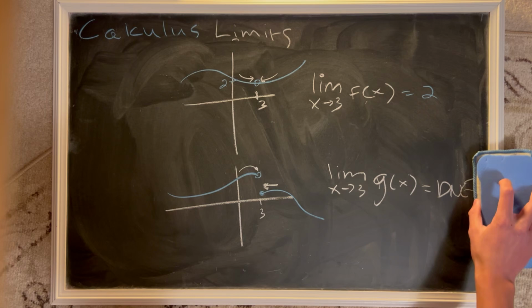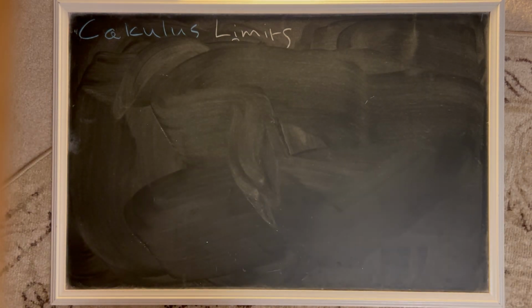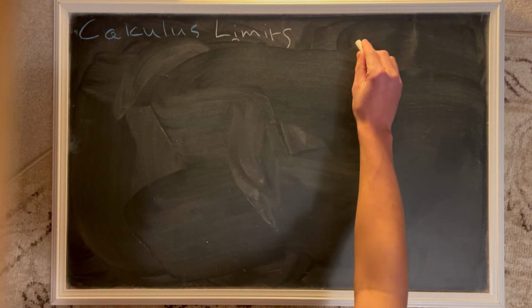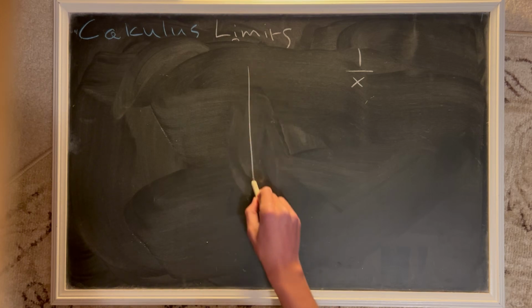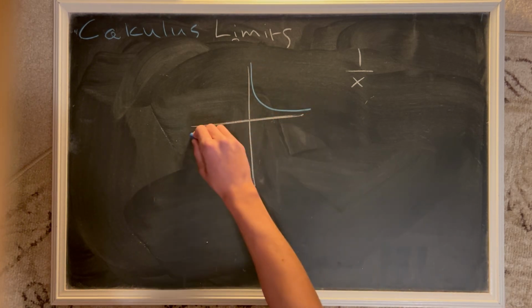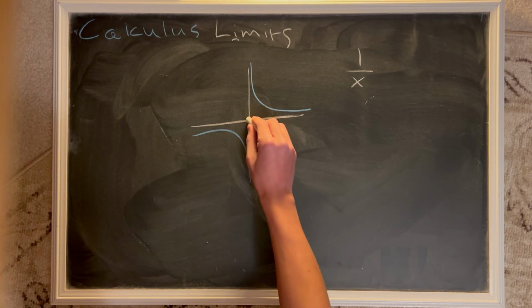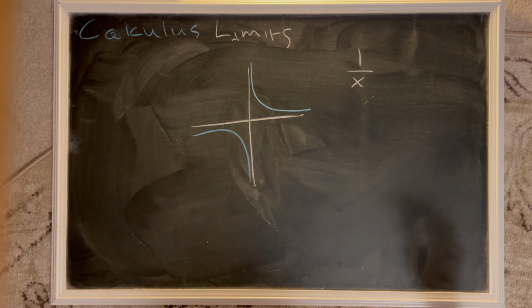Now you can also approach infinity, which would be something like this. If you had the fractional function 1 over x, it looks something like this. The closer the number is to 0, the bigger the value of the function is, because 1 divided by a much smaller number makes a bigger number.